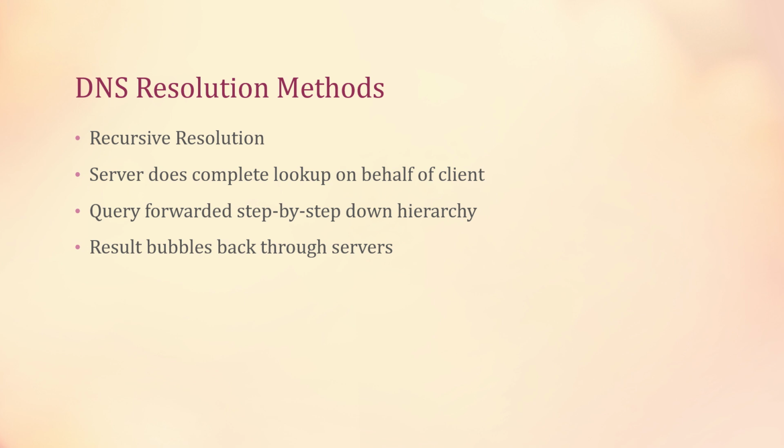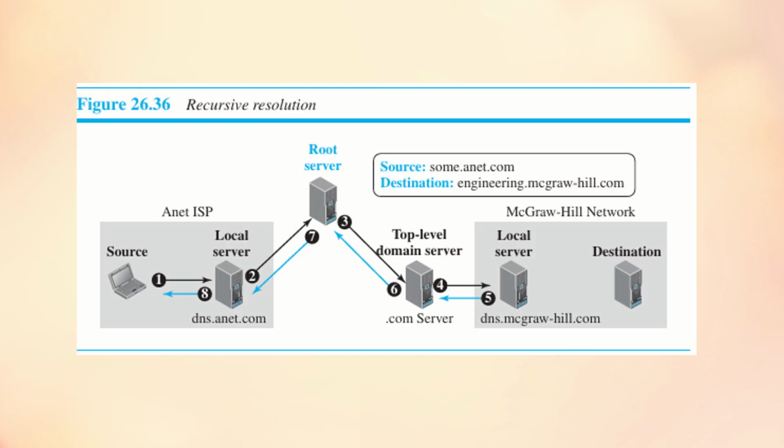After the resolver receives the mapping, it interprets the response to see if it is a real resolution or just an error. And finally, it delivers the result to the process that requested it. Here, a resolution can be either recursive or iterative. Coming to the first type, that is recursive resolution.